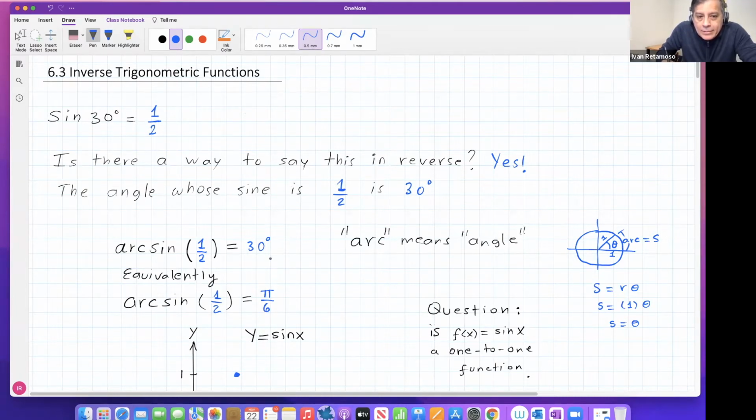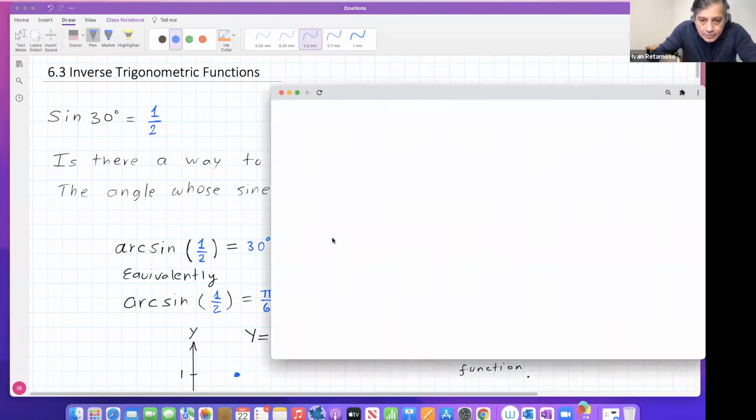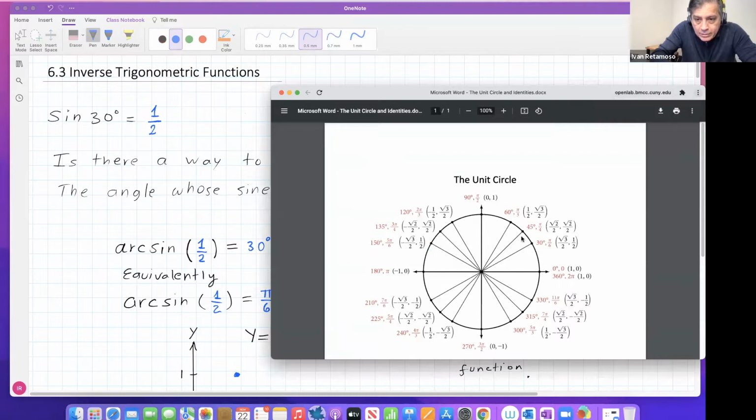Very rarely will you see degrees. Most of the time you will write the angle in radians. 30 degrees is pi over 6, right? How do I know? I converted. Remember there is a way to convert, or you can always look at this important unit circle sheet: 30 degrees, pi over 6. You see it? It's there.